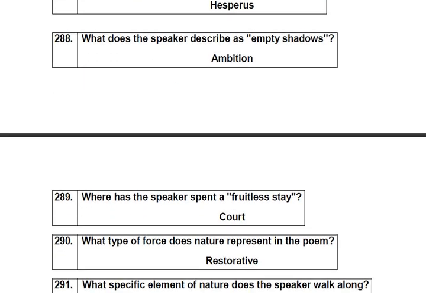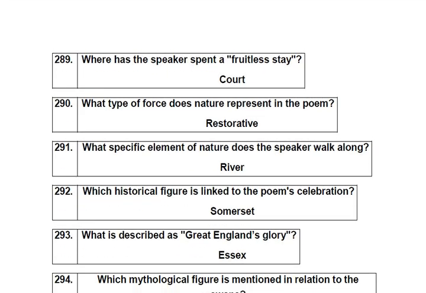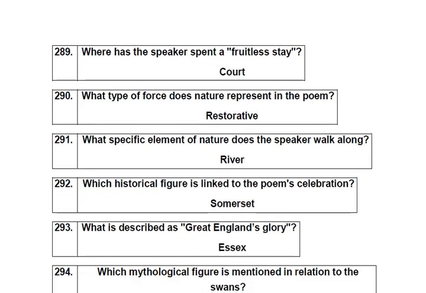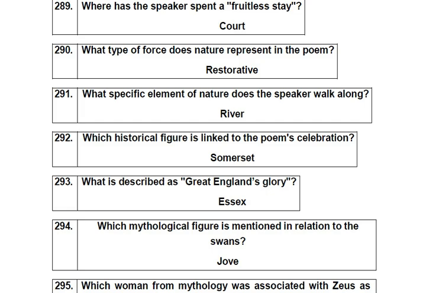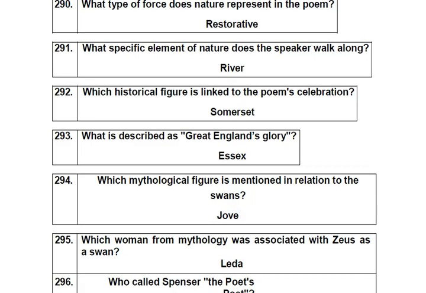What does the speaker describe as empty shadows? Ambition. Where has the speaker spent a fruitless stay? Court. What type of force does nature represent in the poem? Restorative. What specific element of nature does the speaker walk along? River.